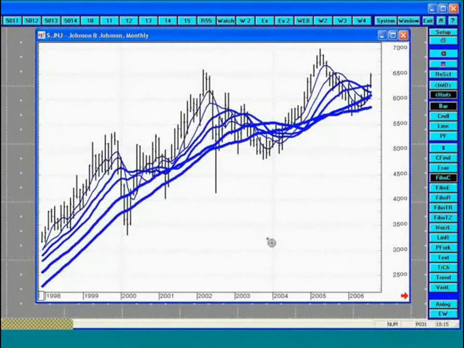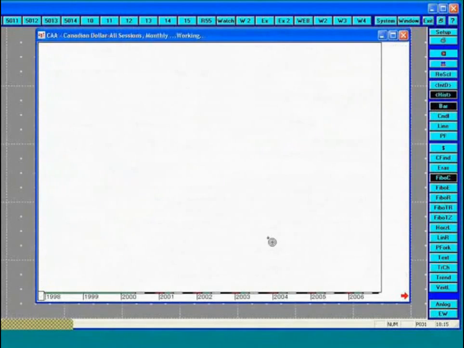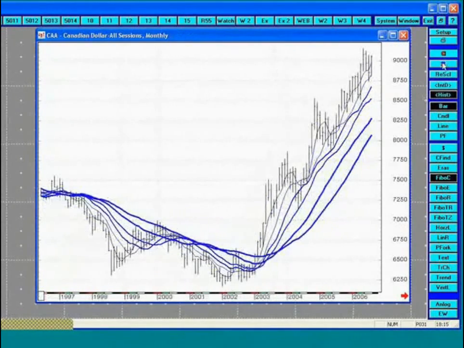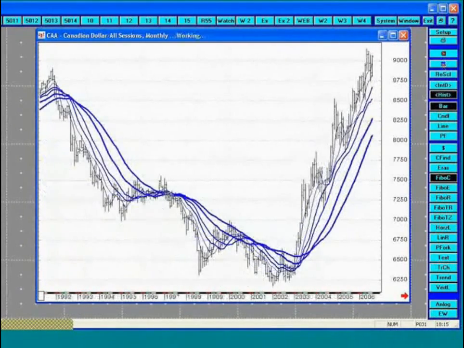Here's Canadian dollar. Here was a very nice moving average compression occurrence that occurred in 96.